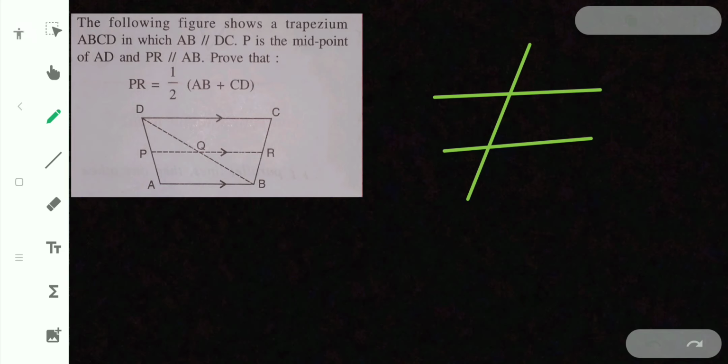You know corresponding angles, alternate angles and alternate angles. So they all will be equal. So that all you have to know. So that we won't discuss in this chapter. We'll be just going with them.